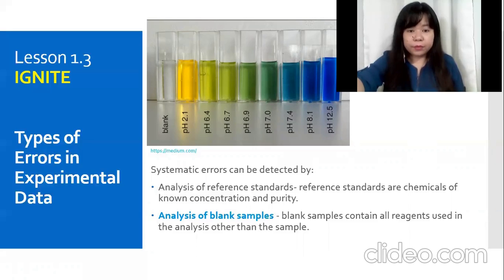You would like to check that your blank has no reading. You can set the reading to 0, or you can measure the reading from the blank and subtract it from the reading from your samples.